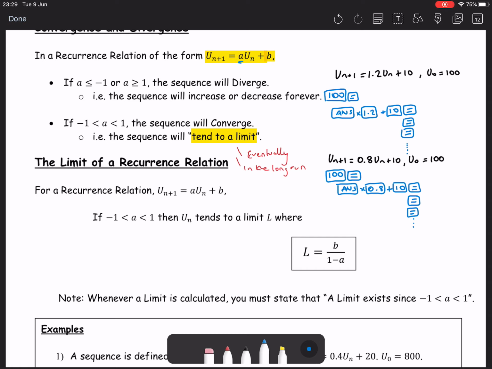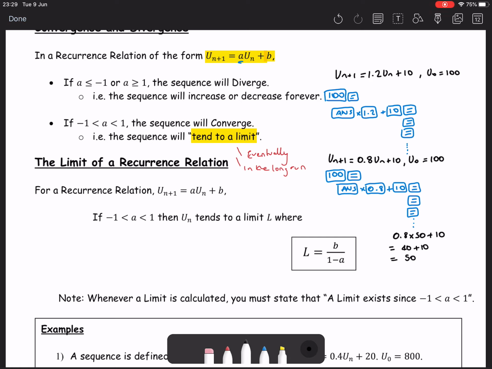If I look at my statement, what would happen if I had a value of 50? 0.8 times 50 plus 10: 80% of 50 is 40, plus 10, and that's equal to 50.